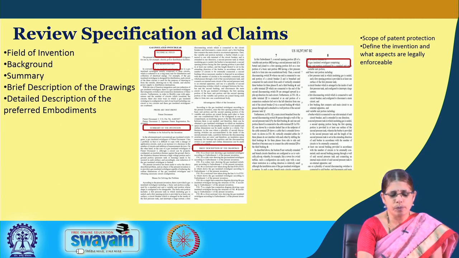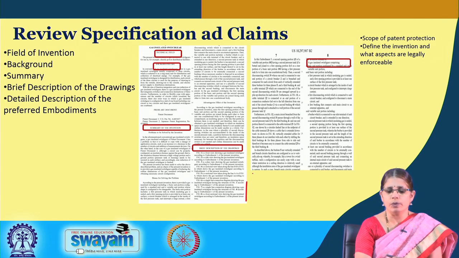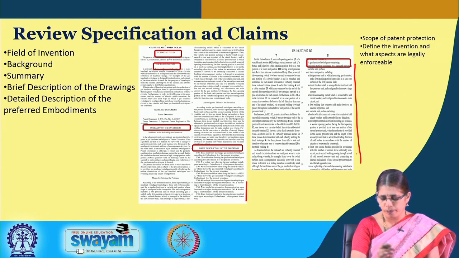So, the brief description of the drawings and the detailed description will provide us the details of the modification. Understanding the claims is important because that is where you can understand the claims in terms of the specific invention, which define the scope of the legal right.